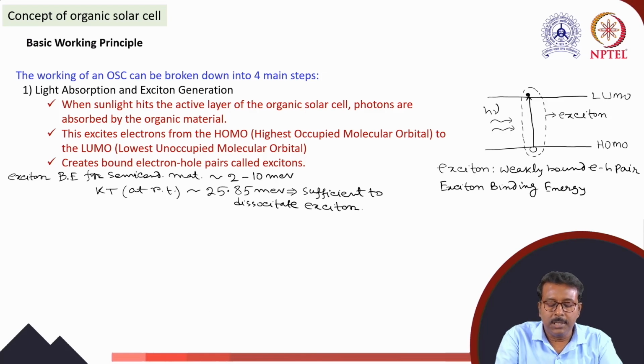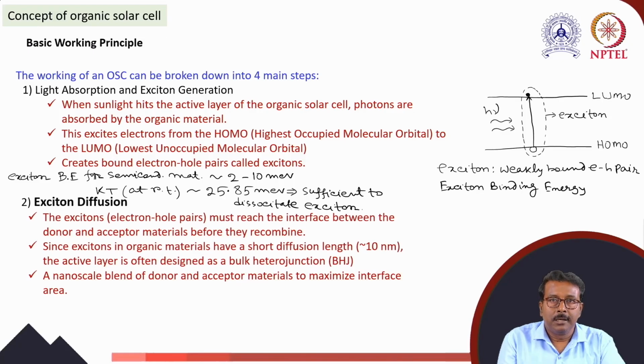So in the first process, in case of organic solar cell, on incident of light, the light energy is absorbed by the material and excitons are generated. Next process is exciton diffusion. Actually, donor and acceptor materials need to be blended into the active material.